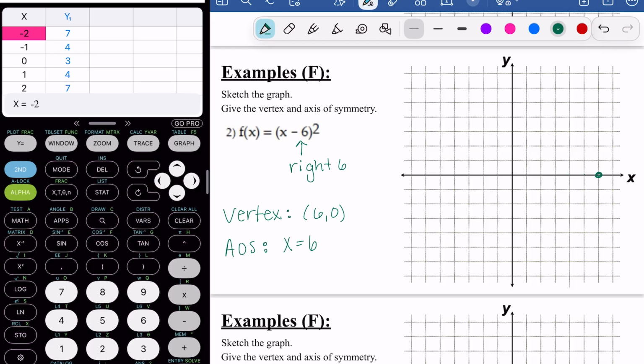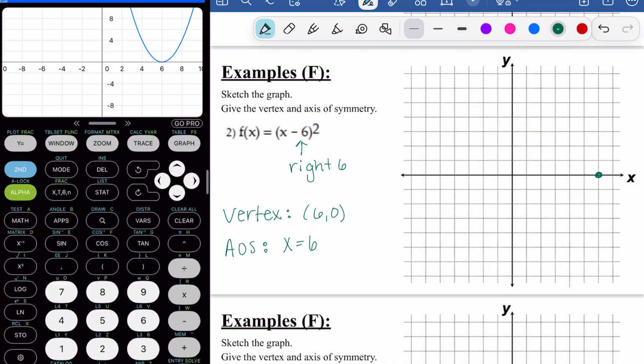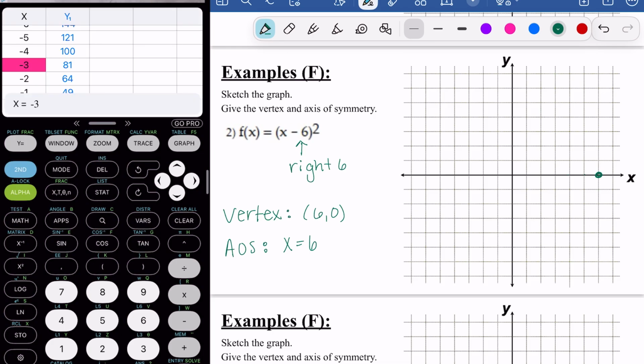Again, we can use our calculator to help us get points. We're going to make sure we put that x minus 6 in parentheses, and then we're going to square it. Again, I can see my graph by pressing graph. I can get a table of values. Second table. Okay, these numbers are super large, so I'm going to scroll down.